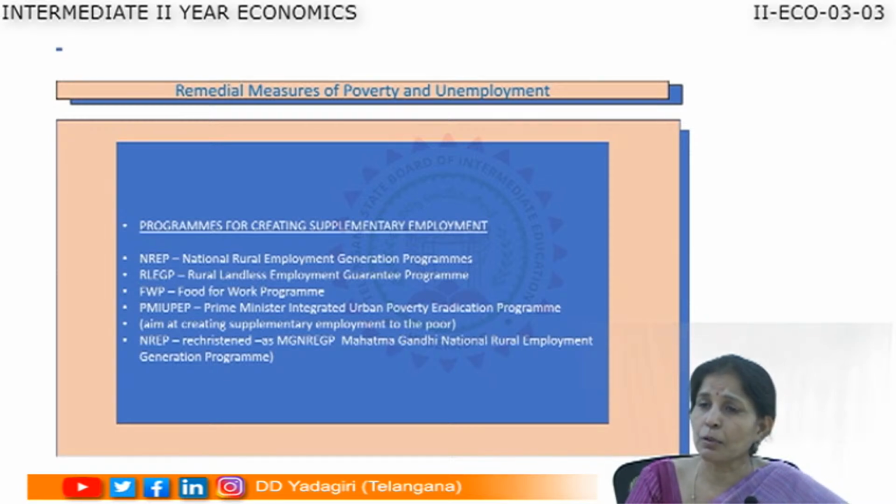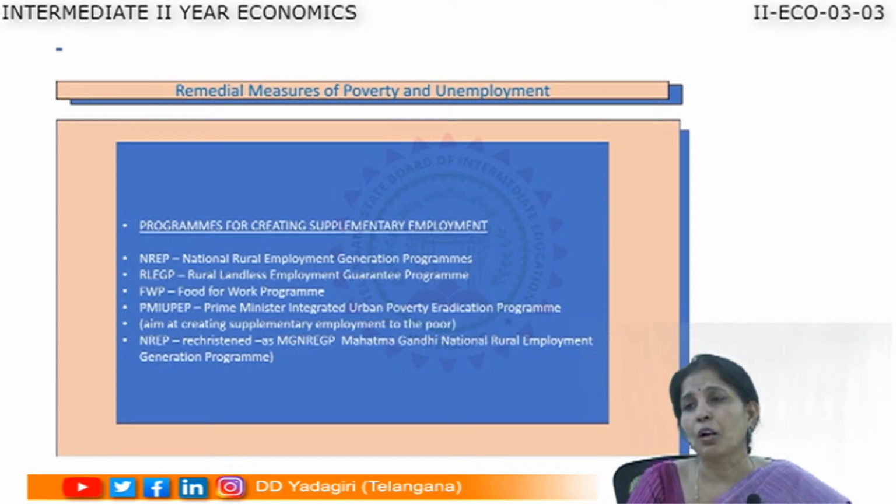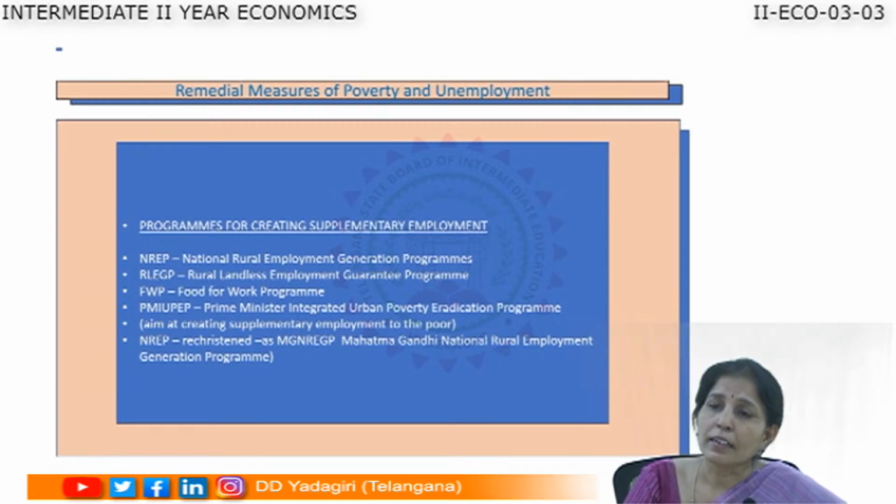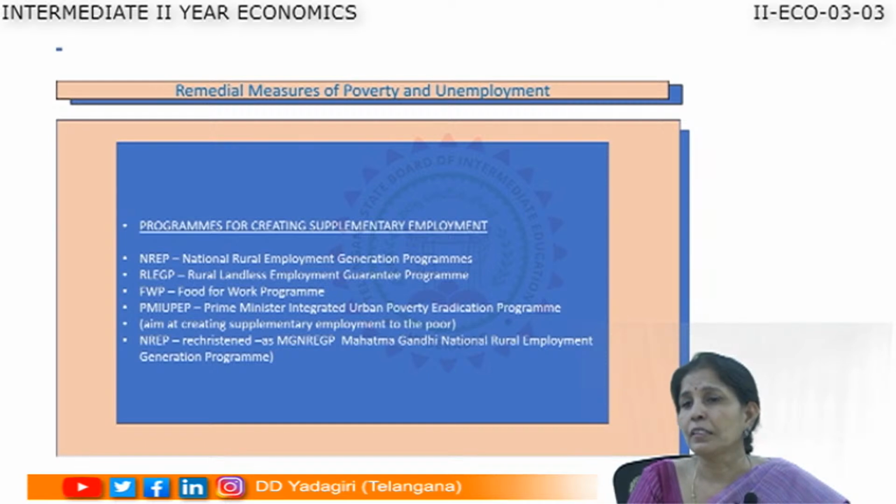So we have some programs which emphasize the development of the people in rural areas, and some programs for the development of the people in urban areas. So PMIUPEP emphasizes creating supplementary employment for the poor people in the urban areas, because this program believes in eradication of poverty in urban areas.